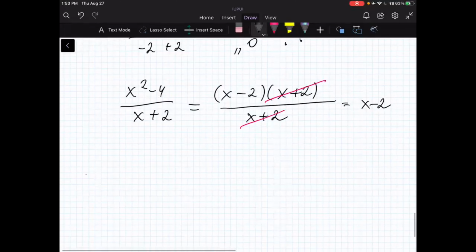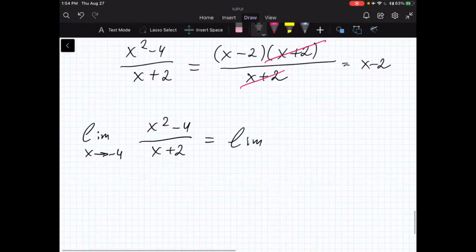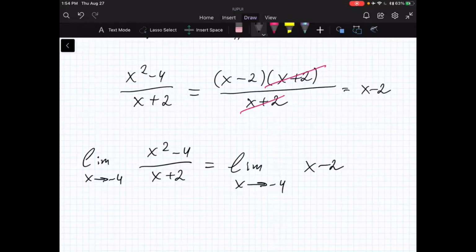And then we can say that our limit when x goes to -4 of this function over x plus 2 is the same as the limit when x goes to -4 of x minus 2. Right? We just canceled some factors.